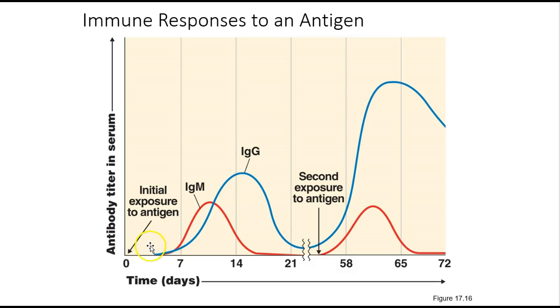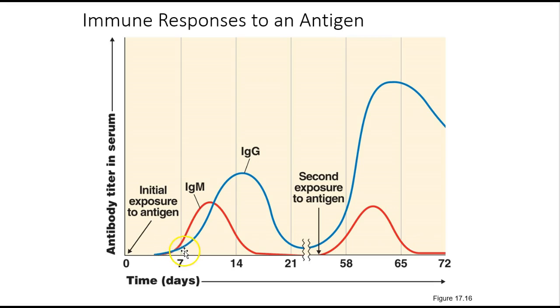Let's say this is day 0. That's when you're infected with whatever this is. You'll see that you're getting sick, you're feeling malaise, your body is starting to figure out what this is, and it's going to start to make IgM and IgG.